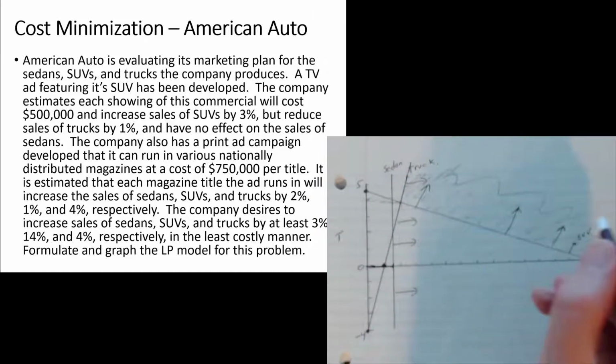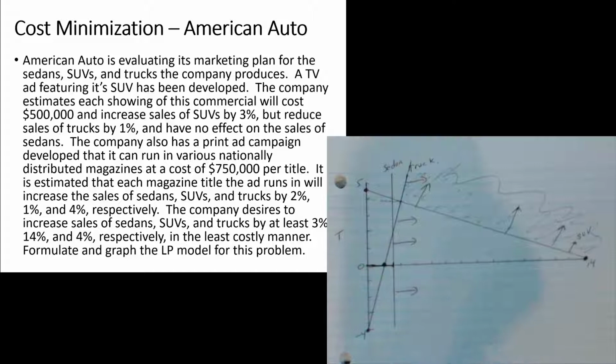Just as we had before, we need to draw the cost function onto this particular diagram, and then pull it down towards the origin to find the minimum cost. So we make an assumption on cost. And again, the assumption is somewhat trial and error.